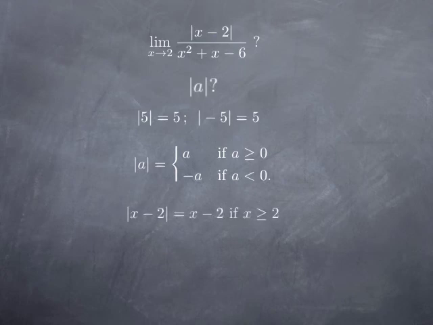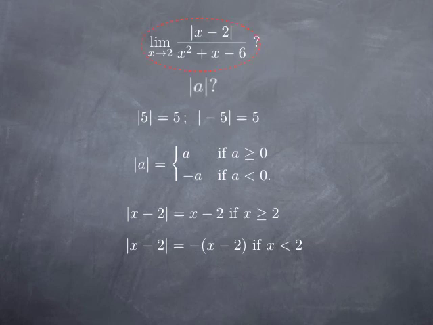So here in the expression whose limit we are trying to determine, the absolute value of x minus 2 is going to be x minus 2 if x minus 2 is positive, in other words, if x is greater or equal to 2. On the other hand, it's going to be the opposite of x minus 2 if x is less than 2, when x minus 2 is negative.